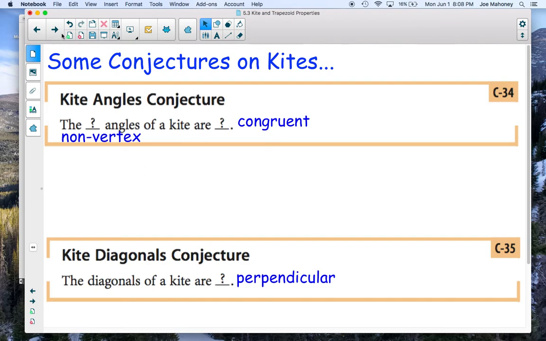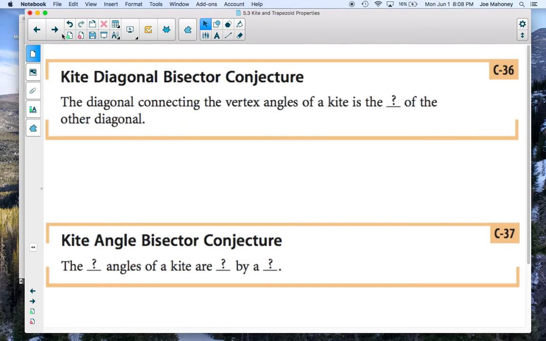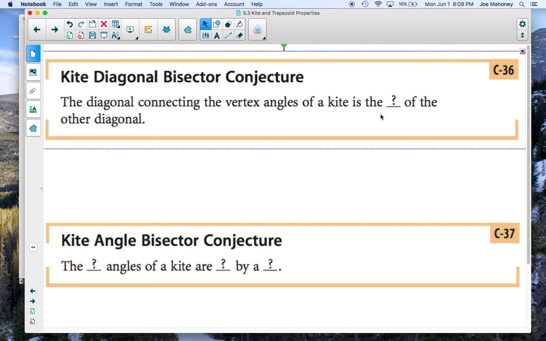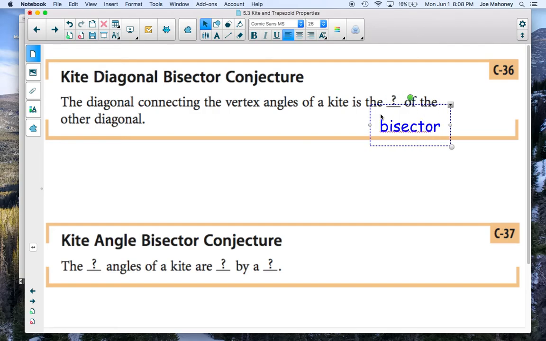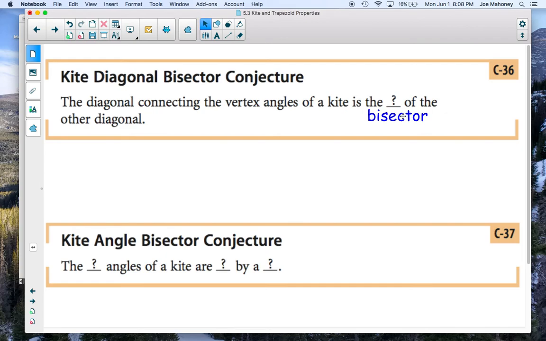Cool. Two more that we had. You might remember that one diagonal was equal to the other part of it. So the diagonal that connects the vertex angles of a kite is the bisector of the other diagonal. So only one of the diagonals is bisected: the one that connects the non-vertex angles.